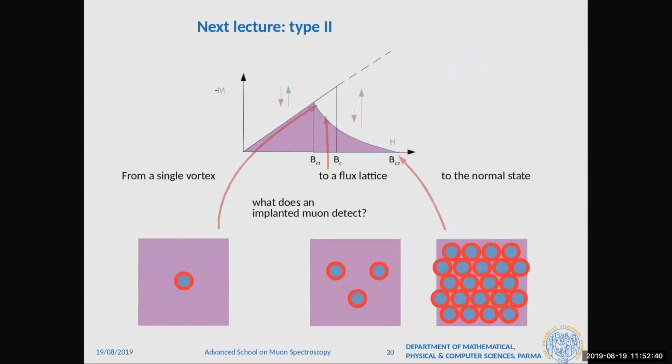And increasing the field, you shrink this lattice and you go to the closest packing that you can get. After that, you destroy the superconductor. And this is what we will treat in the next lecture. And I promise many more muon results. The question is, what will the muon detect in that condition? We will work that out and show examples of that, and how to really do that when you have data. Okay.